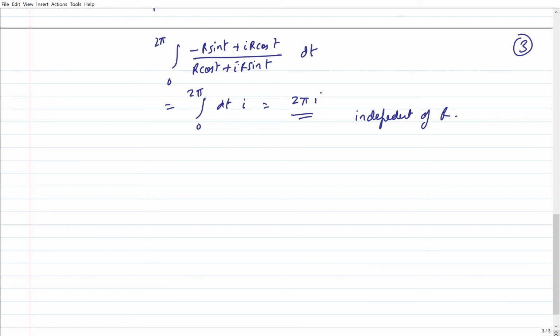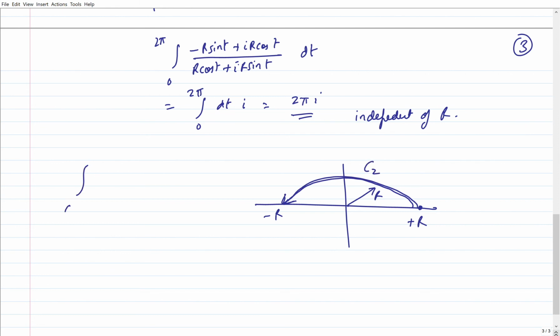So, for example, I'm considering a semicircle path from plus R to minus R of the same function, and let me call this curve C2, the integral of dz by z from plus R to minus R.